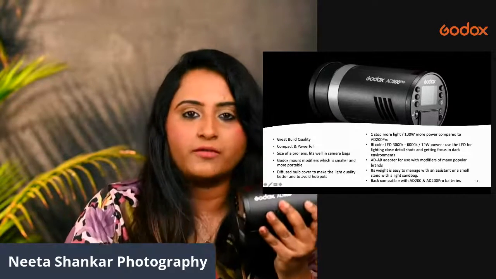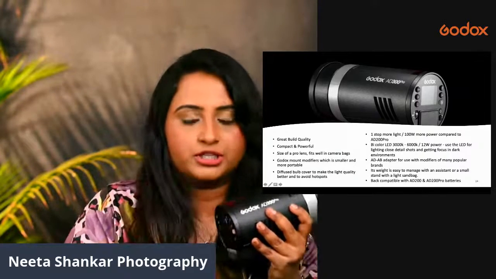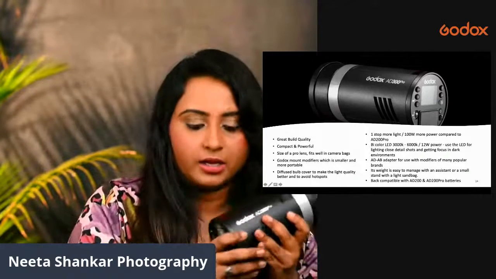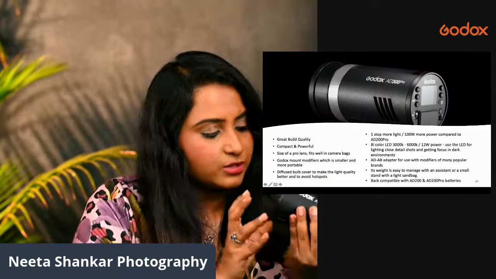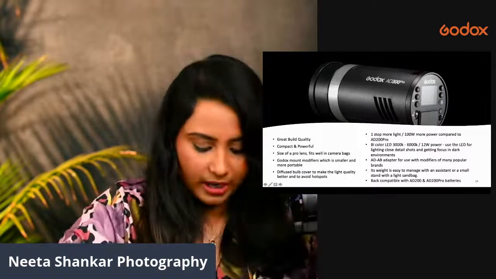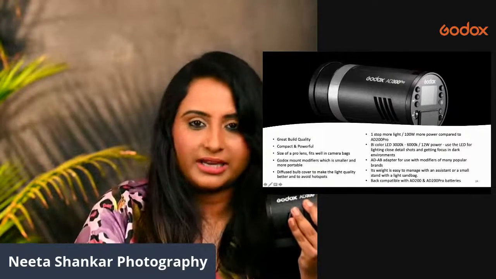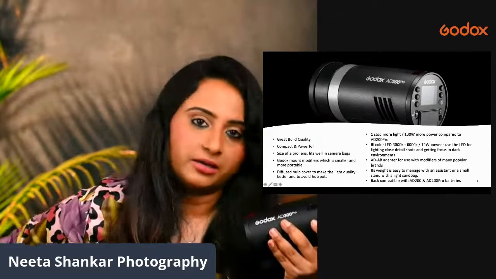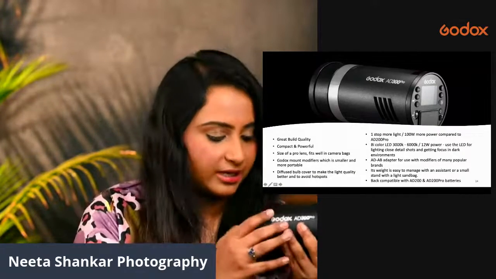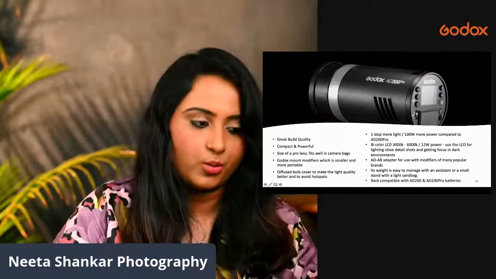So you don't have to hunt around for an LED light at that time, and you can actually switch between flash and LED in these. So that is one advantage. Other than the AD200, all other modeling lamps are single colored, whereas this has a bicolored LED modeling lamp. That is an advantage that I've really liked working with.